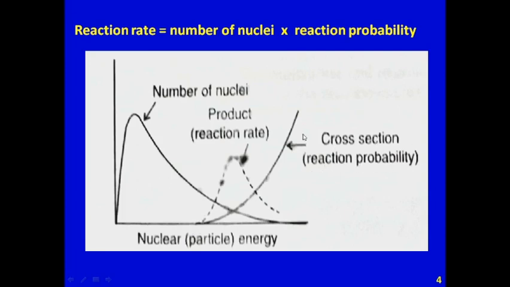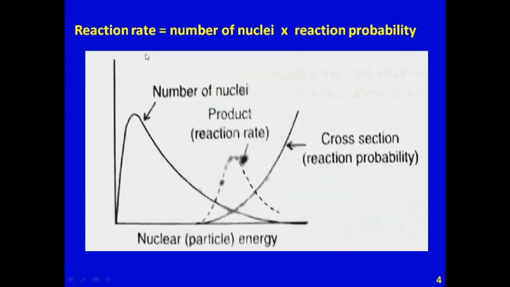The curve tells you that only particles with higher energies have some reaction cross section. In this area you don't have any cross section, any probability for nuclear reaction. In this area the cross section starts, and as the energy increases, the cross section or the probability also increases.